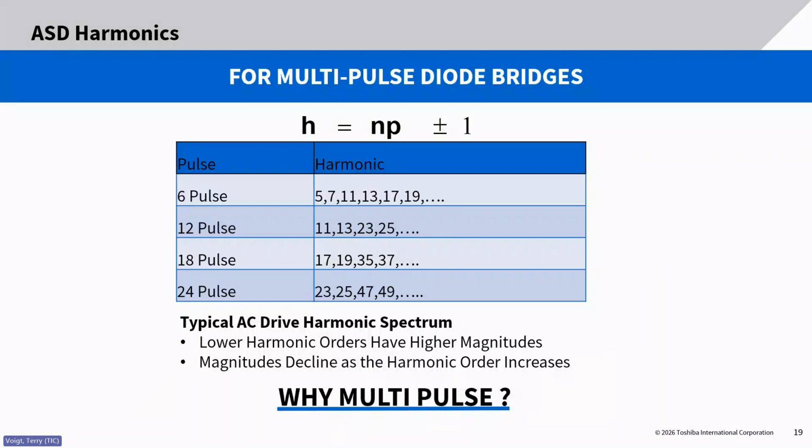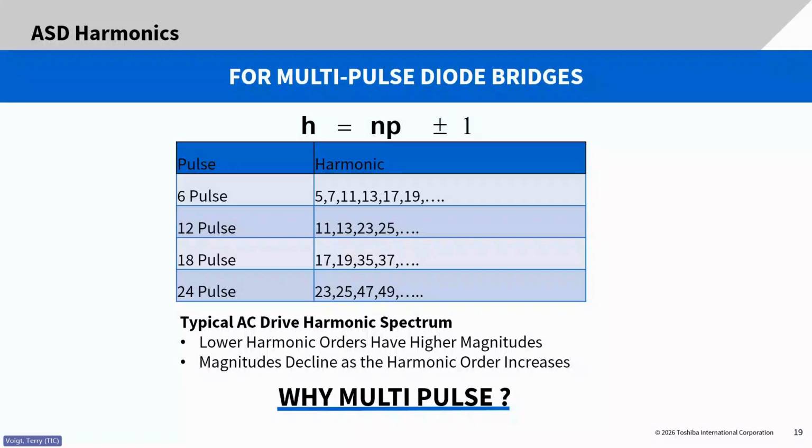Those are what we call a reduced or low harmonic drive, 12 and 18 pulse for the low voltage spectrum. 24 pulse and even 36 pulse drives can be used in the medium voltage world, where the voltage is even more sensitive, essentially, because with bigger power, you have to pay even more attention to harmonics specifically.